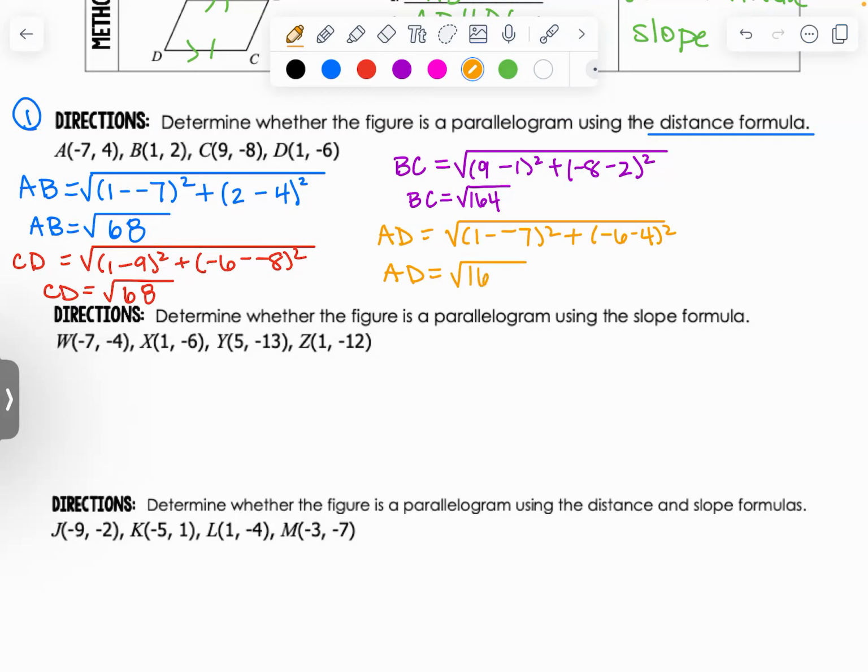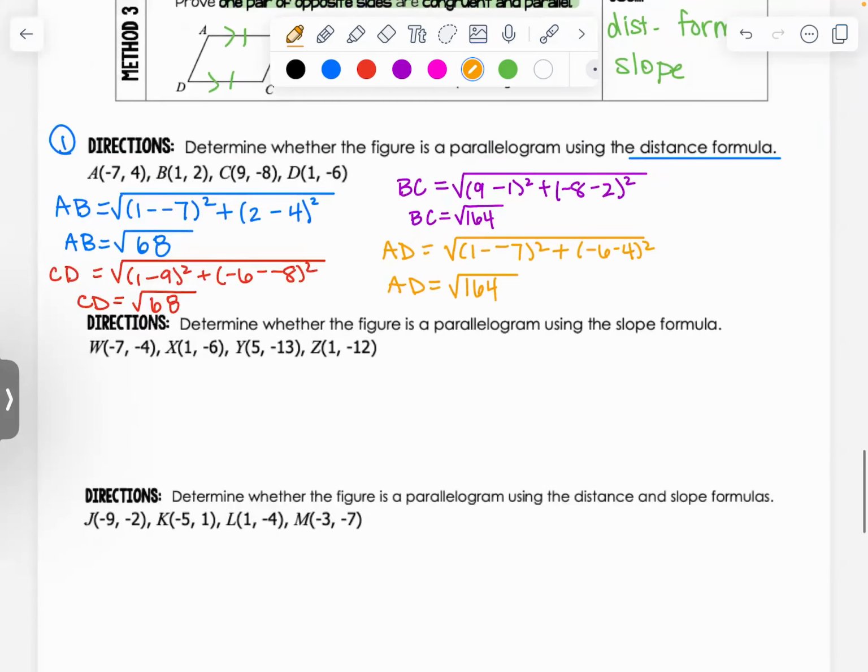Yeah. Yep. So since AB equals CD and BC equals AD, then ABCD is a parallelogram.